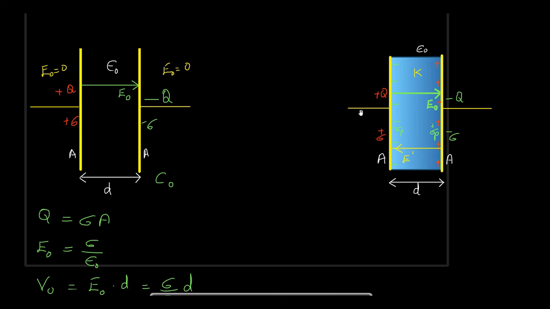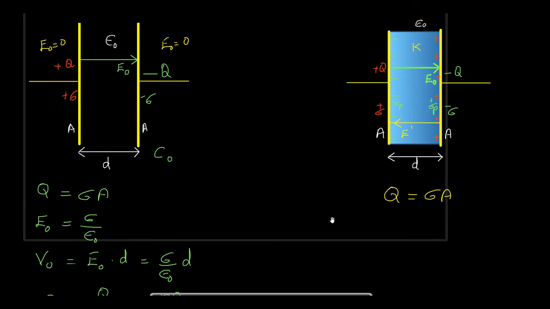And we know the same charge Q exists in the capacitor in this case. Q equal to sigma A, as we wrote in the earlier case. But here the net electric field is the vector sum of the existing electric field and the induced electric field E dashed.